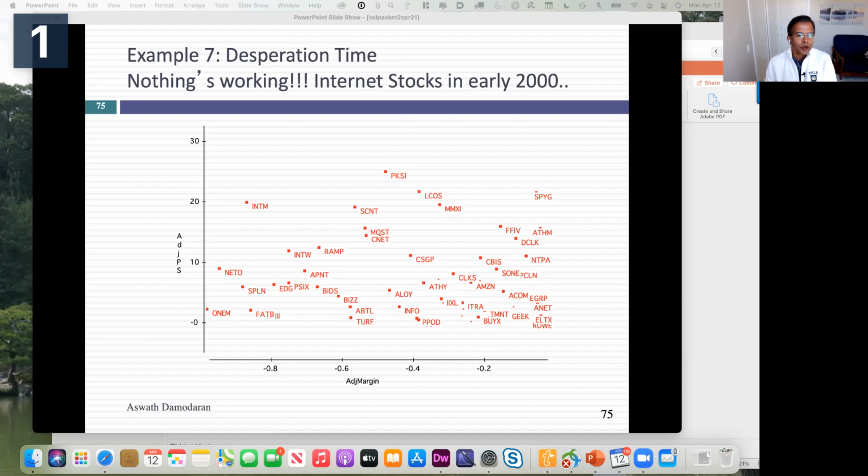One is you can use proxies. Proxies for what? Think of the things that make some companies in this space more valuable than others. I'll give you an example. Amazon in early 2000. I'm going to throw three hypotheses out, and you tell me what you think. Remember, the price to sales ratio is the multiple of revenues you're willing to pay for a company, right?